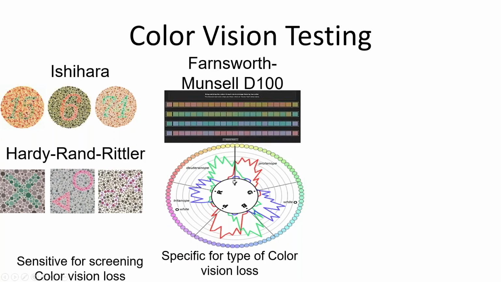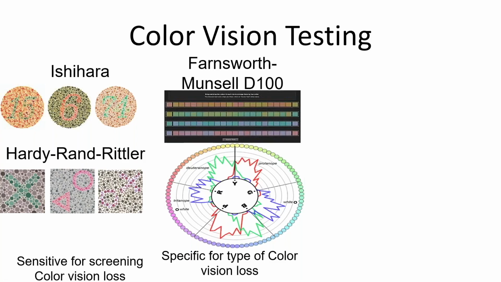If someone scores a perfect result, they get every single arrangement in the right order, and they have this black circle indicating 0 errors. However, if someone starts making a lot of errors in this area and this area, then they have a blue cone deficiency.